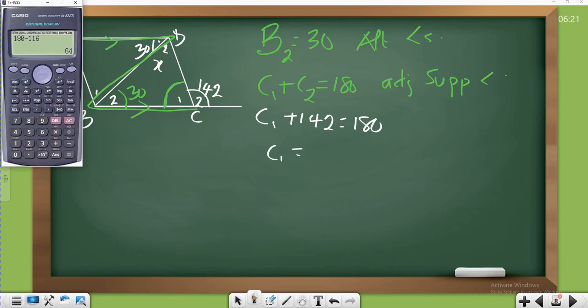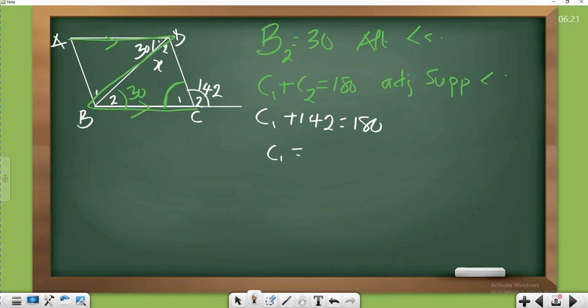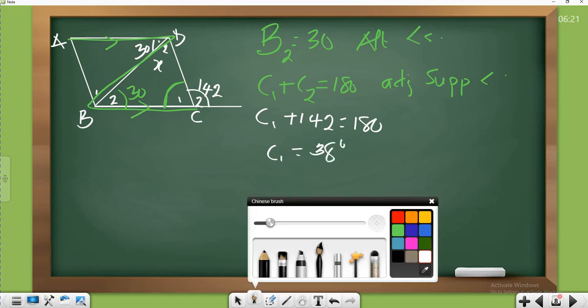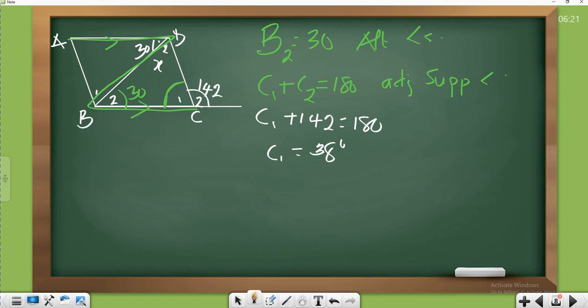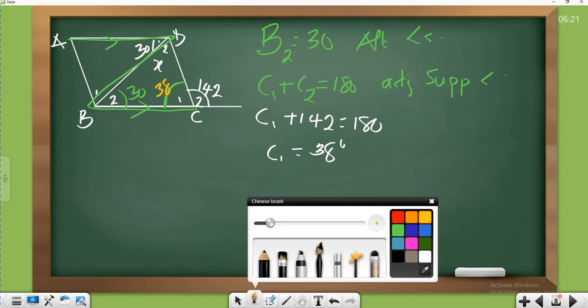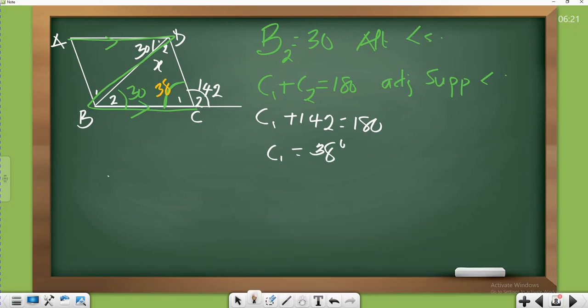All right, 180 minus 142, 38. Oh, so my C1 is 38. Now it's easy. I know that my B plus C plus D, look at that, it's a triangle.